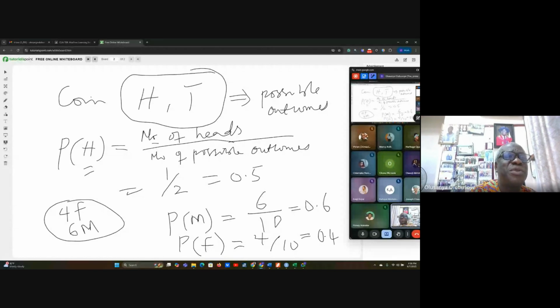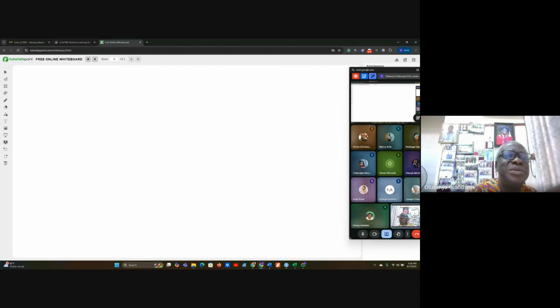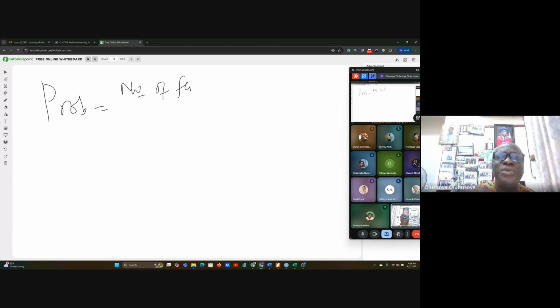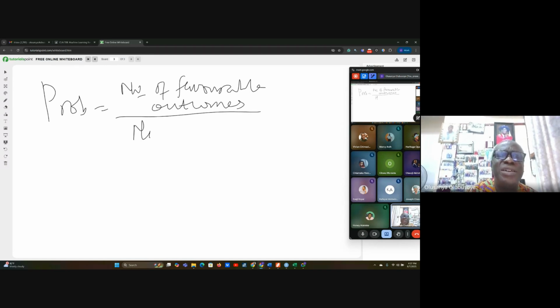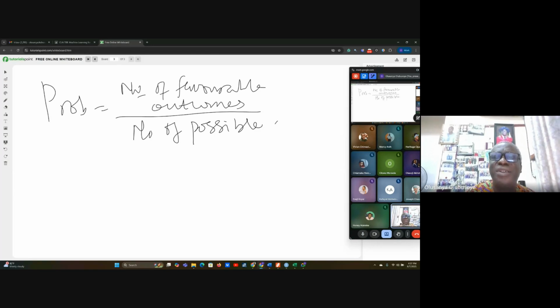So this is how we measure probability. Probability is the number of favorable outcomes over the number of possible outcomes.